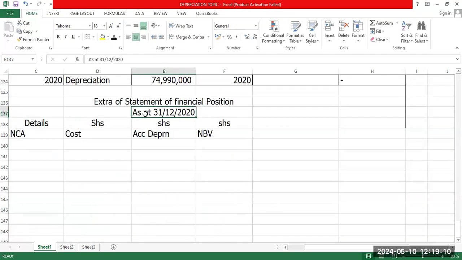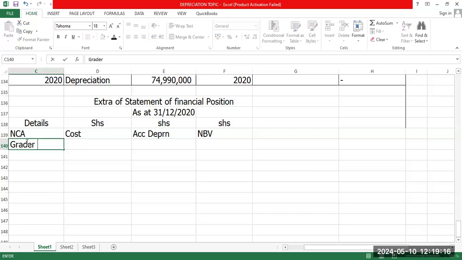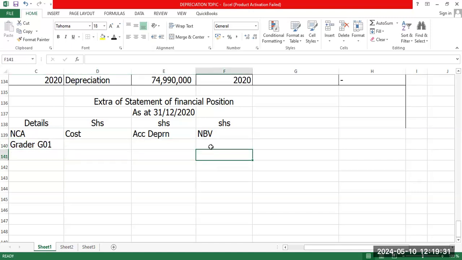Do we still have grade 1 as at this date? We have no grade 1. So here you don't put anything. I'm just putting it to show that here we have 0, we don't have anything there.